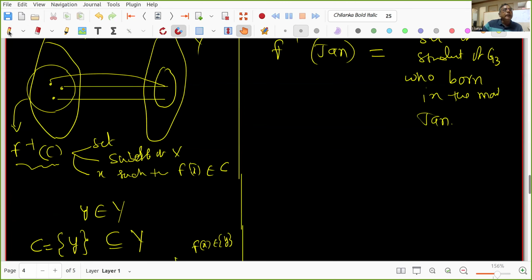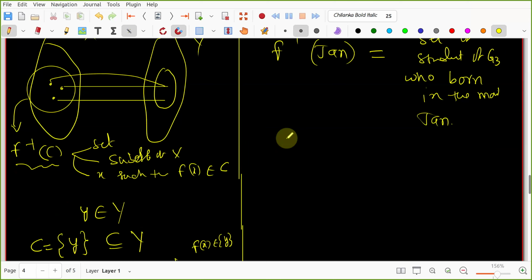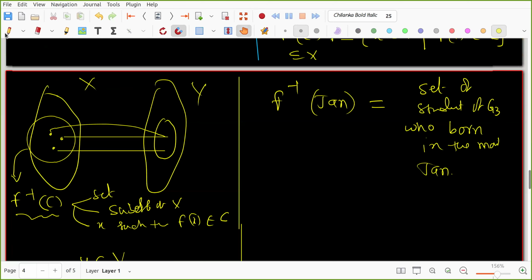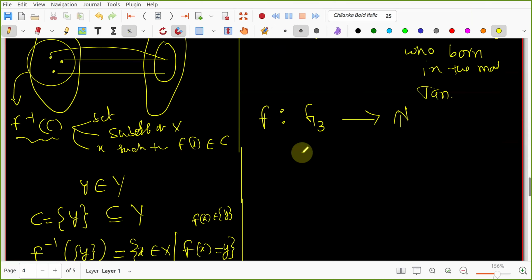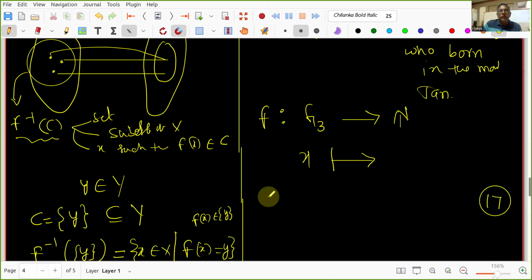Satya, can I ask one question? Yes, please. My function is from G3 to natural numbers. I'm sending each person to their breakout room number, and those of us who don't have a breakout room number, I'm sending them to 17. So it's a function. Those of you who are in the inverse image of 5, click yes, and those who are not in the inverse image of 5, click no. I'm going to repeat the function. The function is from G3 to natural numbers.